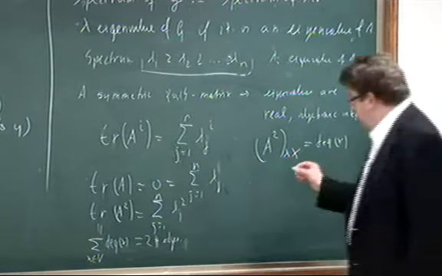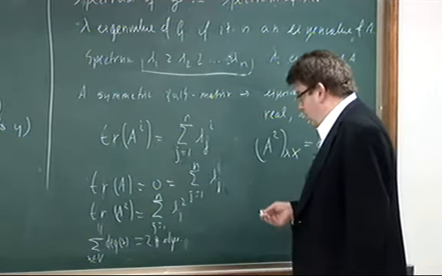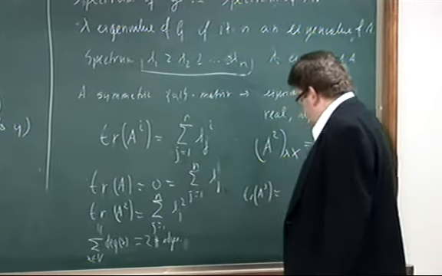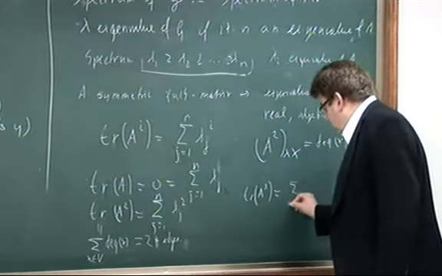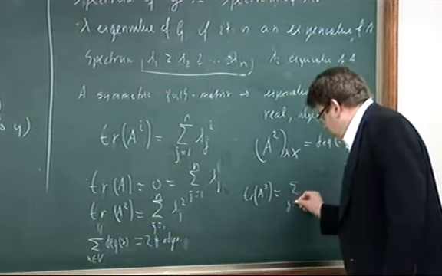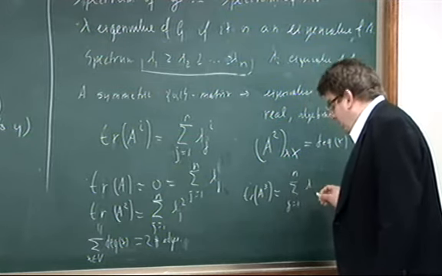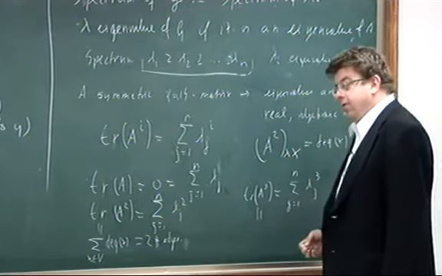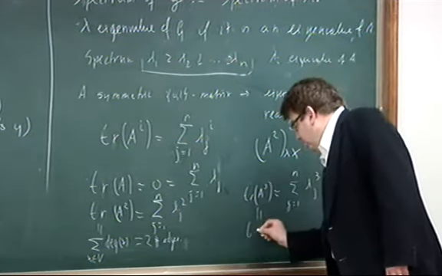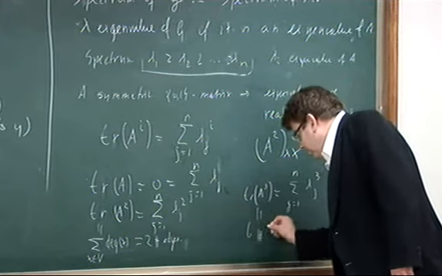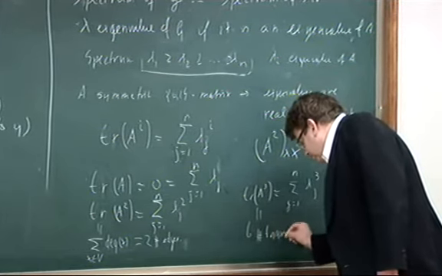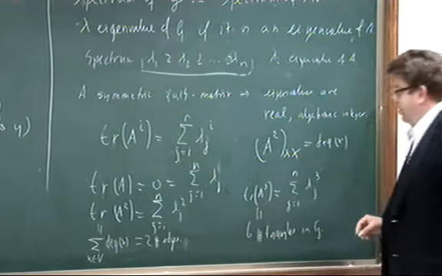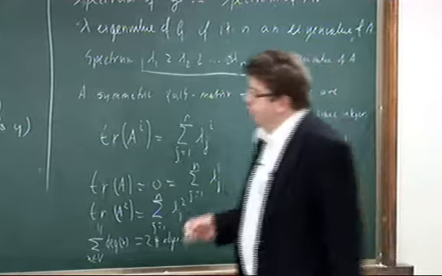What about the trace of A to the power 3? On the one hand, we can say that it's the sum, j is 1 to n, of lambda j to the power 3, but this is 6 times the number of triangles in G. But then, what about the trace of A to the power 4?